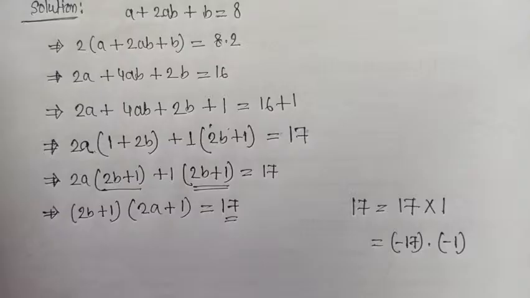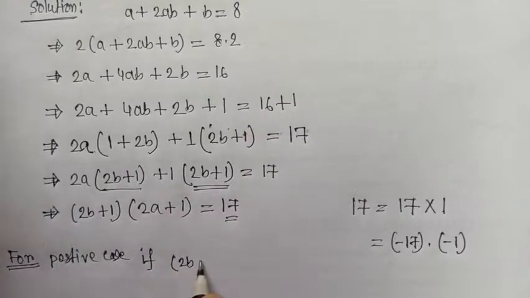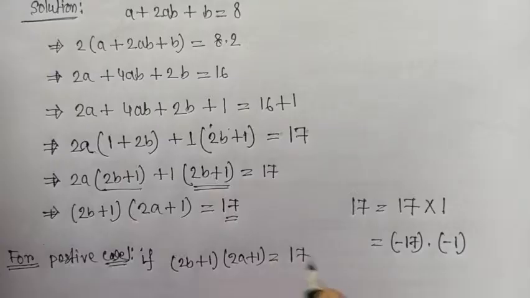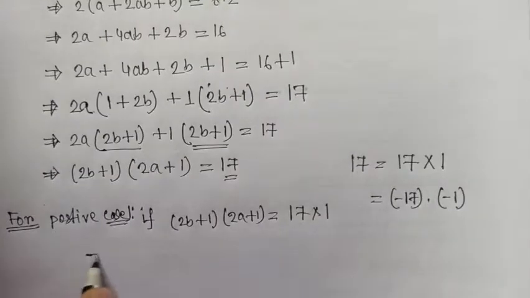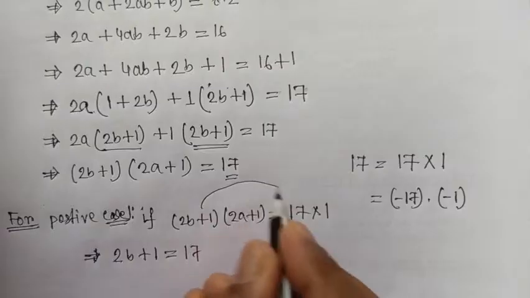So for the positive case, if 2a plus 1 equals 17 into 1, then consider 2b plus 1 equal to 17, like this, it will be simplified.